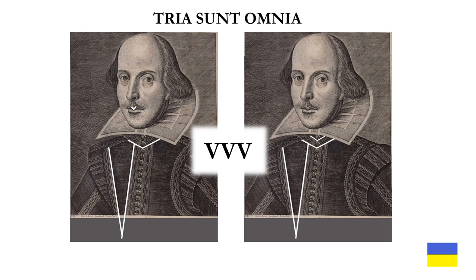In an example of the tria sunt omnia principle, we have at least 3 different ways to get V, V, V out of lines on the Droeshout. The one on the left shows the V made by the philtrum in the upper lip, the second line in the collar, the actual doublet collar, and then the V made by the doublet panel terminating in a spearhead point.